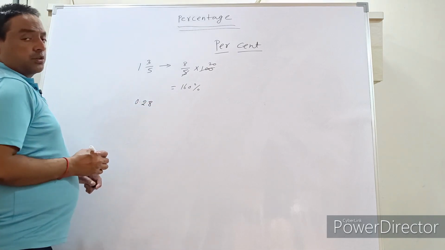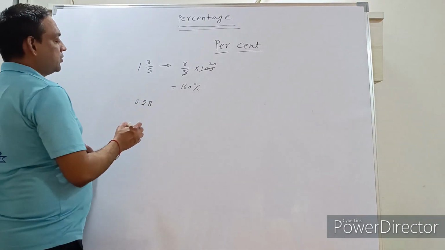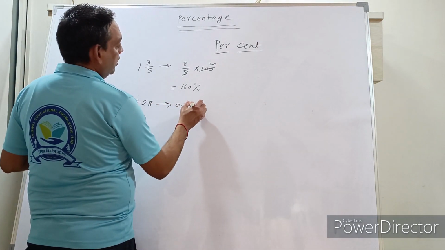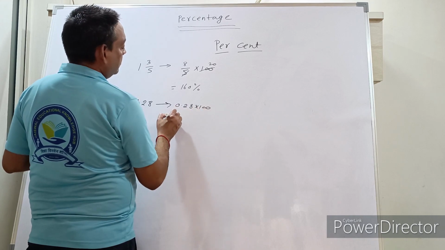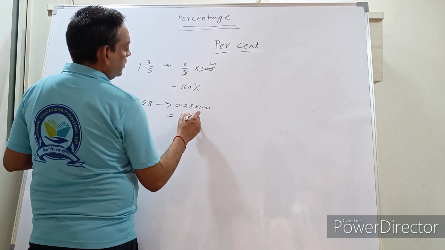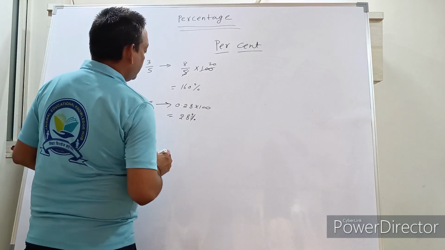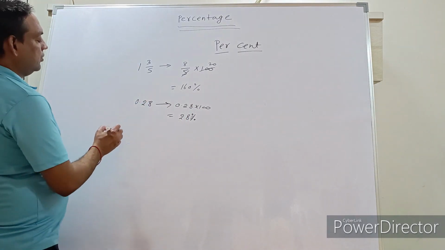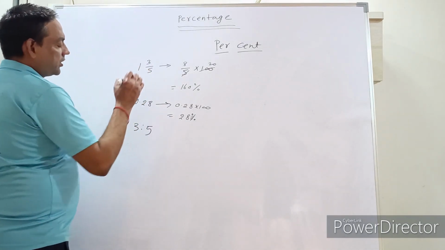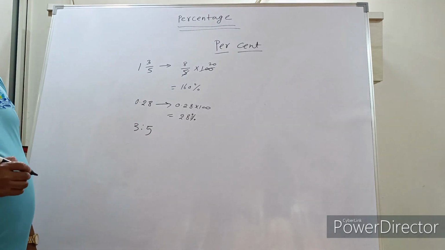Same way, suppose the decimal is given, 0.28, convert into percentage. So you have to multiply 0.28 into 100, so that becomes 28%. Okay, same way, suppose they given you 3:5, convert 3:5 into percentage.